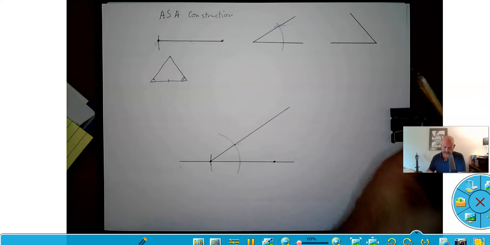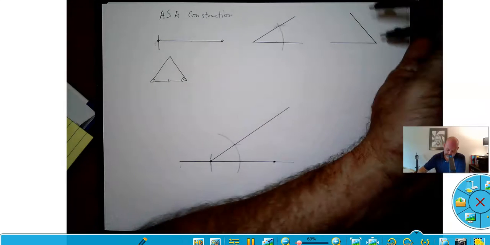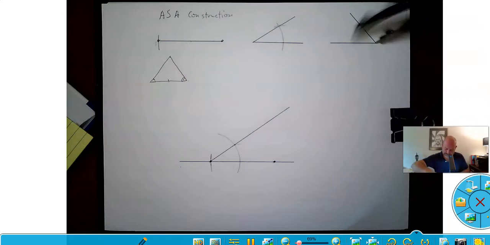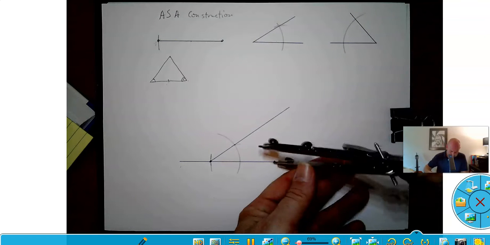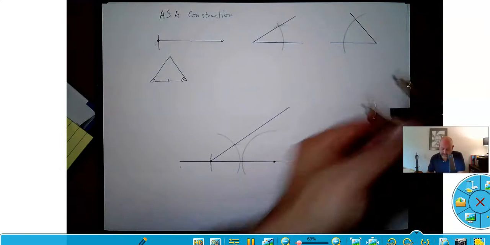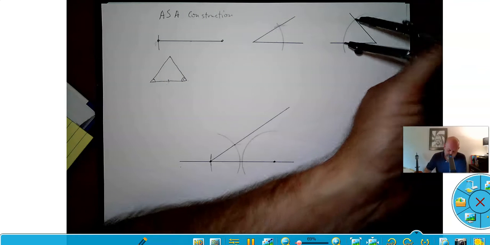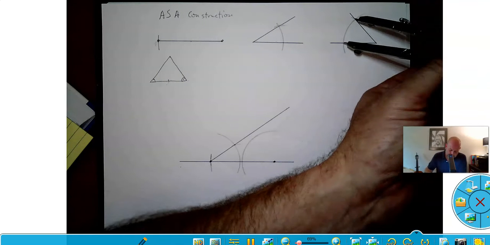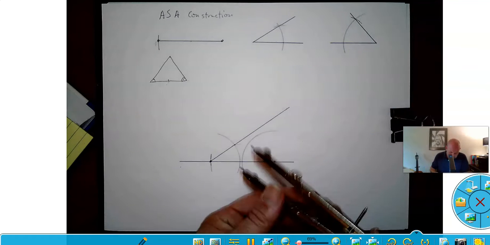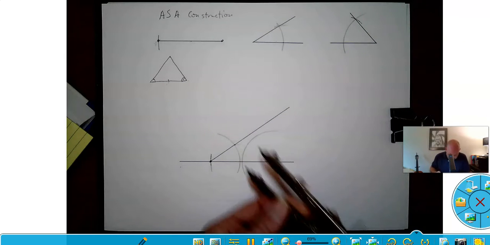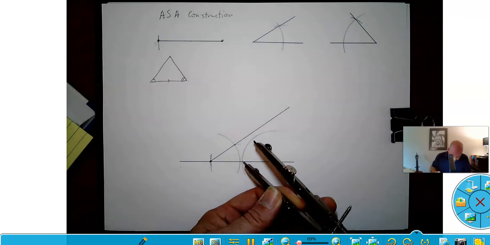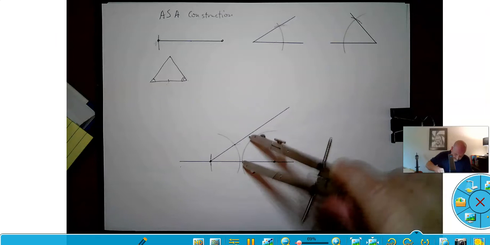So let's go ahead and do this. And then just measure across here. Oh, a little smaller. There we go.